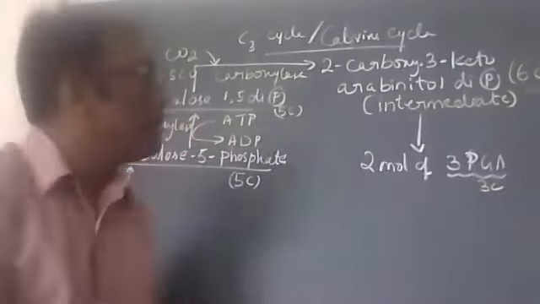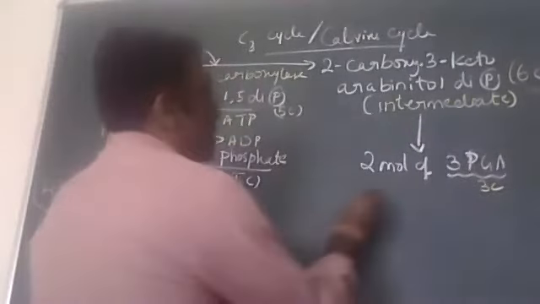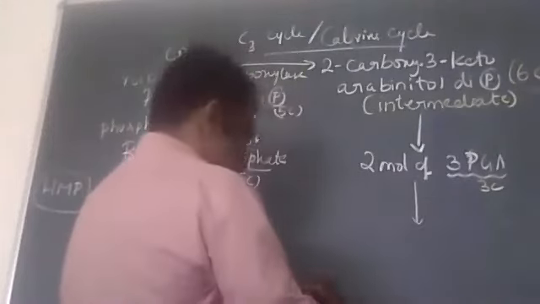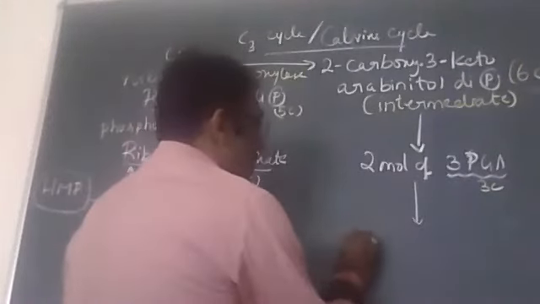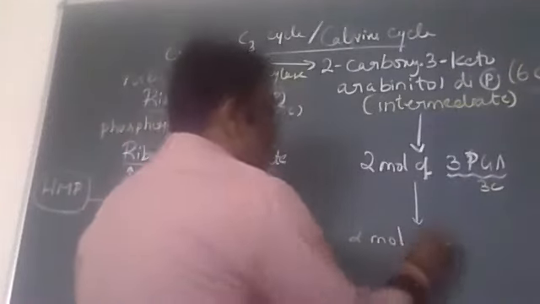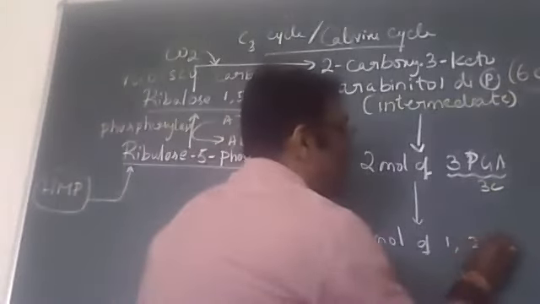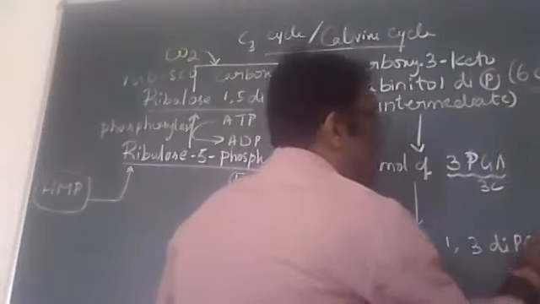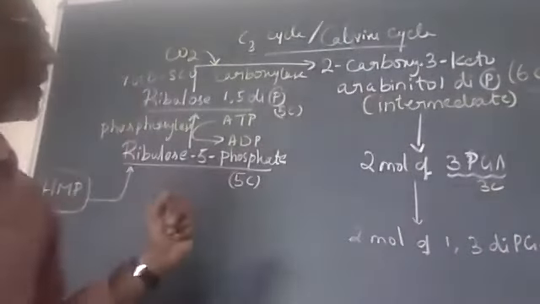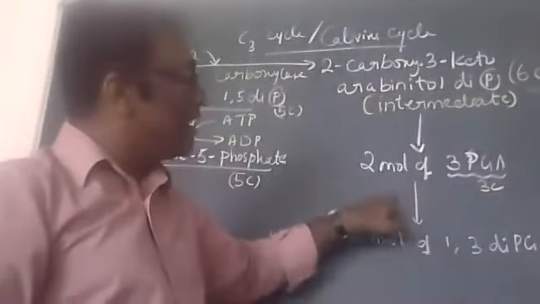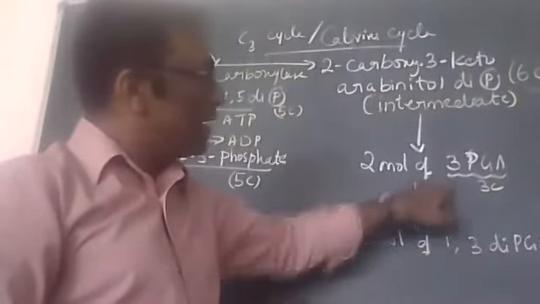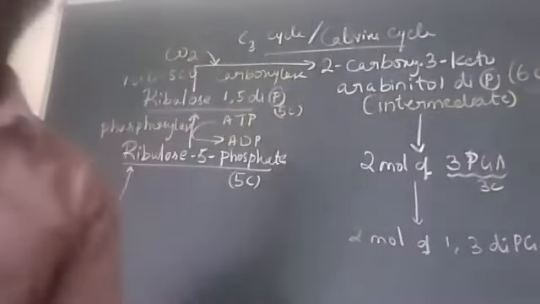Okay, this now will convert into 2 molecules of 1,3-diphosphoglyceric acid. A little of glycolysis comes here. What can you guess should be added here? 3-PGA becomes 1,3-DPGA.